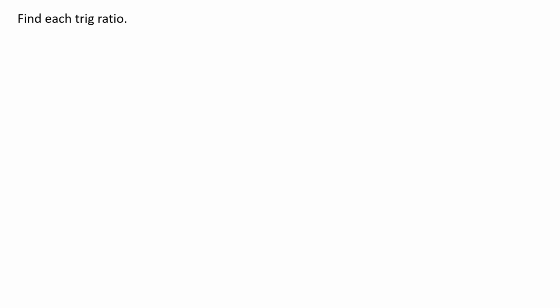All right, so let's find some trig ratios. Remember, the answer is just going to be a fraction. All right, so what is the sine of angle A? Okay, now I need opposite over hypotenuse. So what side is opposite A? Well, it looks like 3. Hypotenuse is 5.